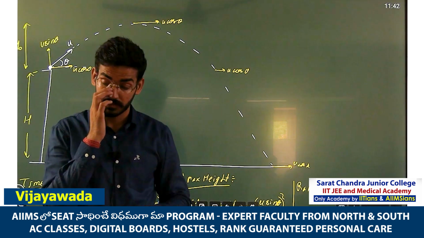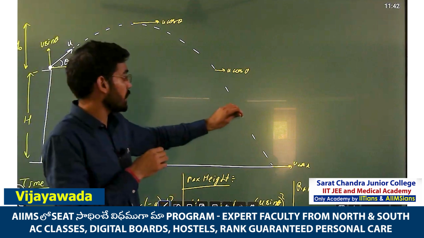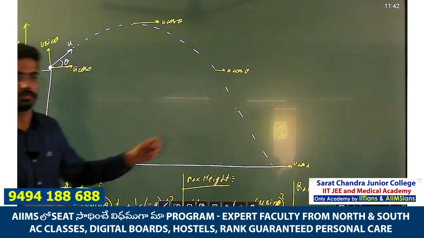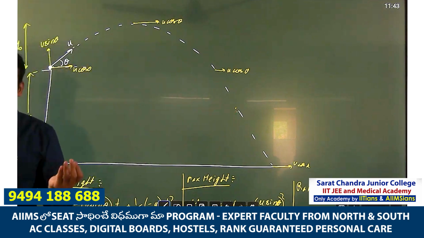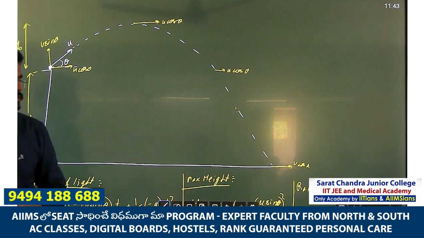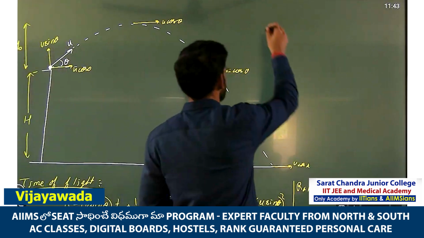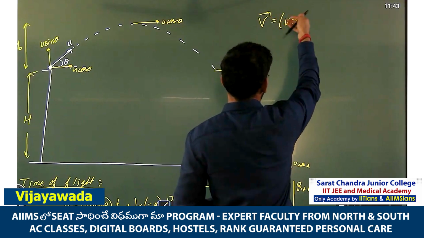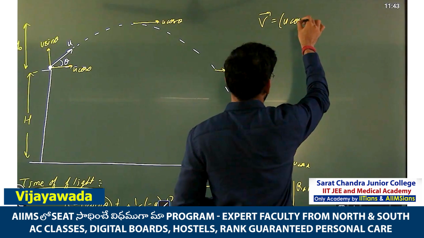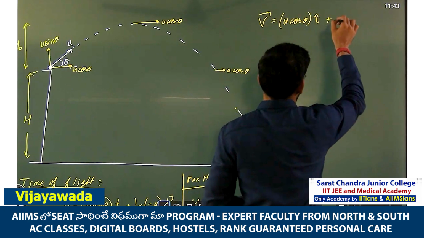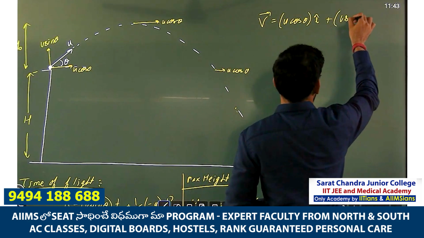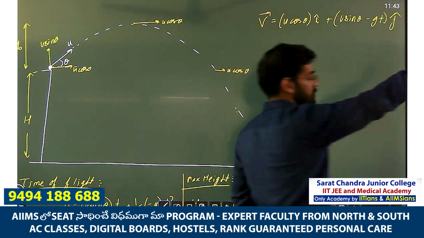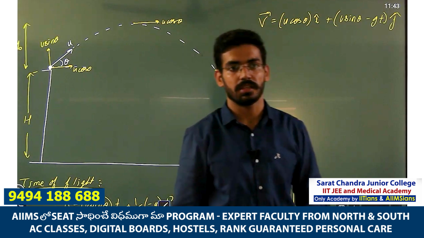Vertical velocity at any point of time, Vy: between this point and this point, you know initial velocity, gravity and t time. So the velocity is u cos theta i cap plus (u sin theta minus gt) j cap. That's the velocity at any point of time.